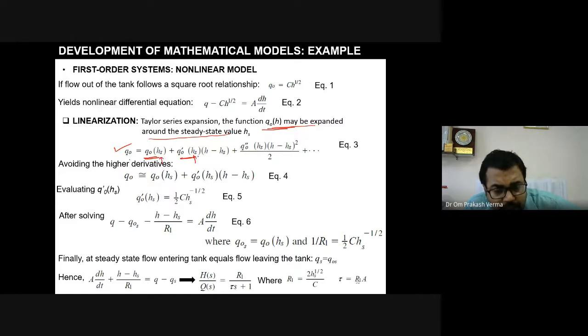Then the second derivative: 1 upon 2 factorial, second derivative at HS, times (H minus HS) whole square. Then 1 upon 3 factorial, third derivative at HS, times (H minus HS) whole cube, and so on. Is it clear? Yes, sir. Up to this point, any problem?